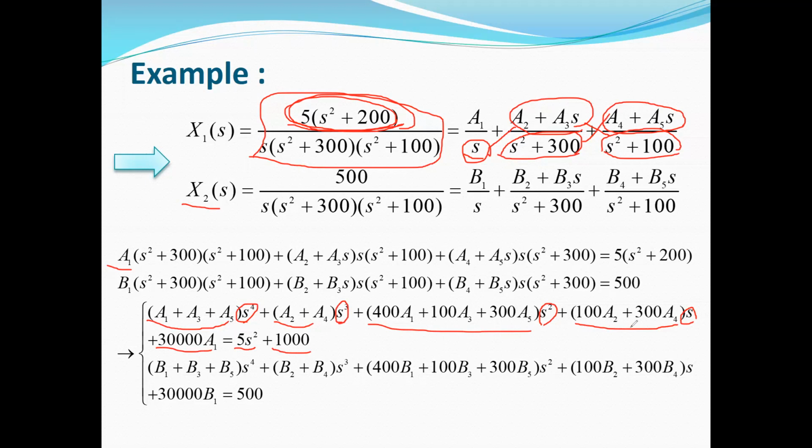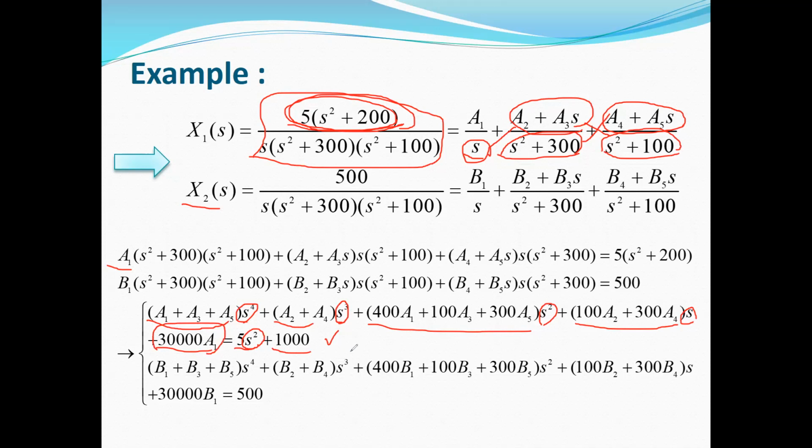So the coefficients of s cubed and s to the power of 4 must be equal to 0, because on the right hand side of this equation there is no s cubed or s; we only have s squared and a constant term. The constant term must be equal to 30,000 times a1.